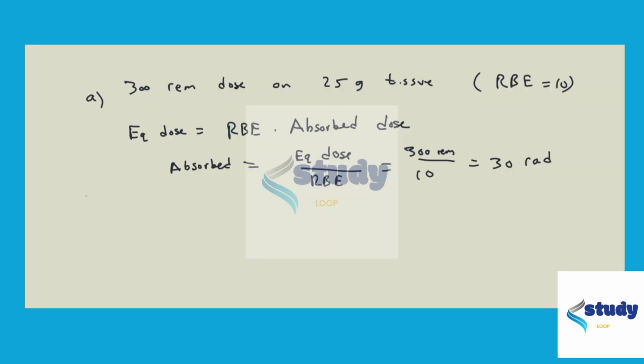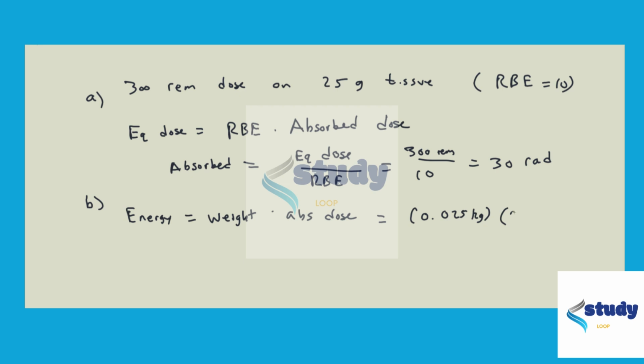Now in part B, we want to consider how many joules of energy this person received. So the energy they received is equal to the weight of the tissue impacted, which is 25 grams, times the absorbed dose, which we decided was 30 rads in part A. This is equal to 0.025 kilograms using SI units.